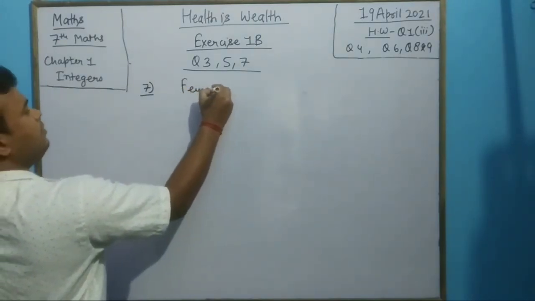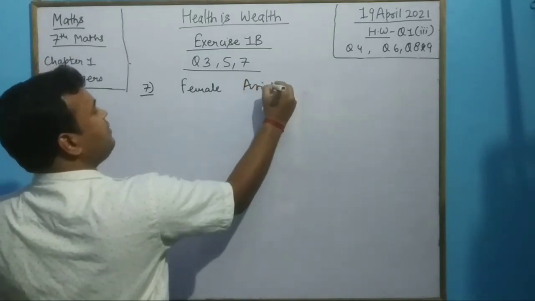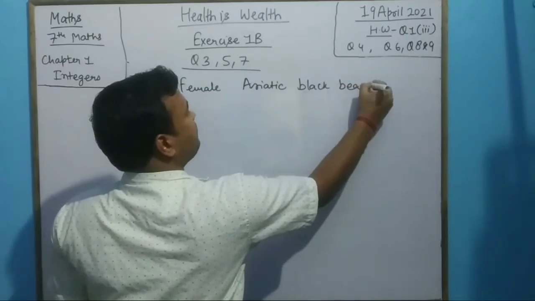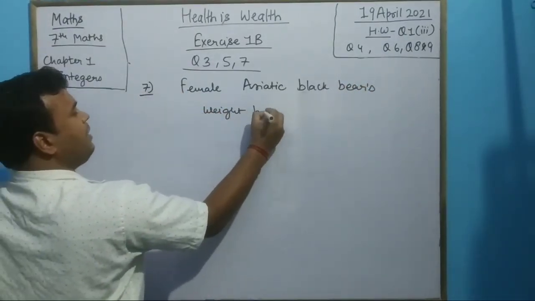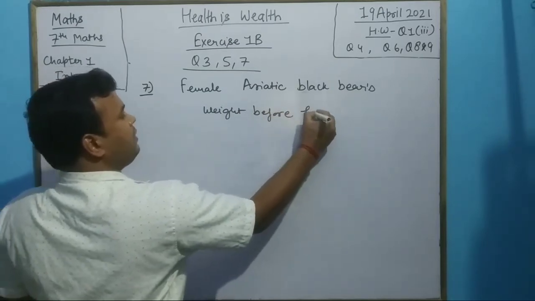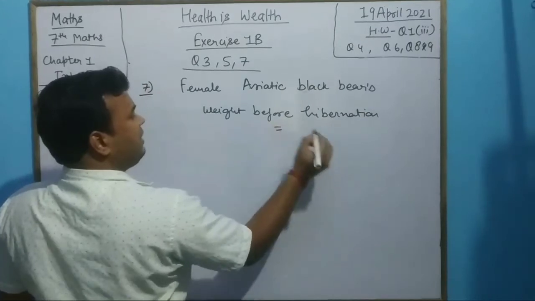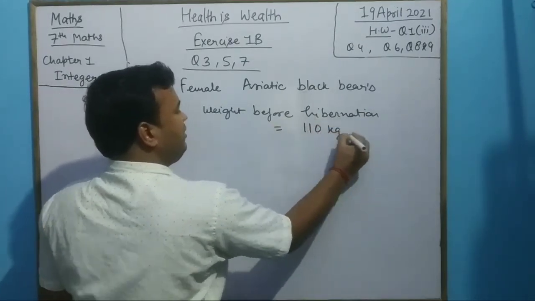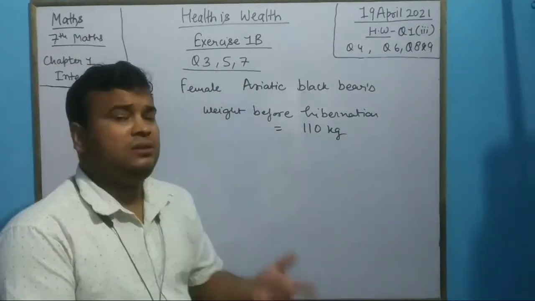Female Asiatic black bear's weight before hibernation is 110 kg. And how much weight does she lose every month?